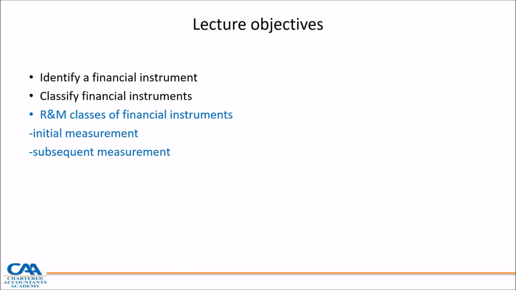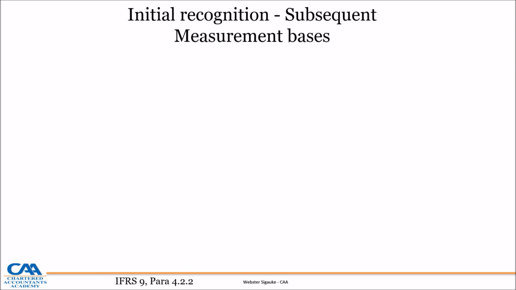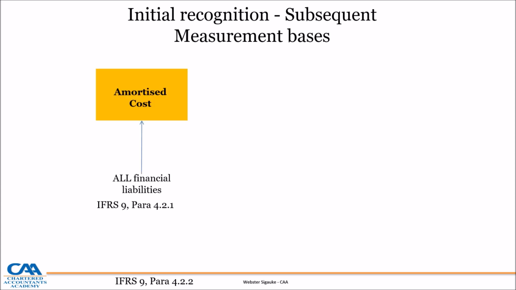So we're basically dealing with initial and subsequent measurement, like I said earlier. With your initial recognition, it's similar to that of financial assets. I'm sure if you remember the paragraph we referred to, they say you recognize when you become party to the contract, right?